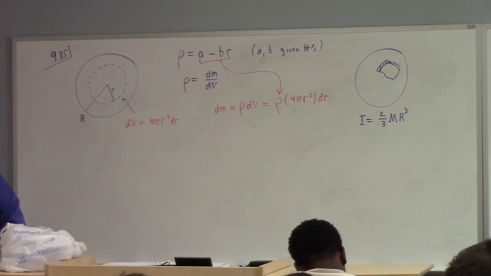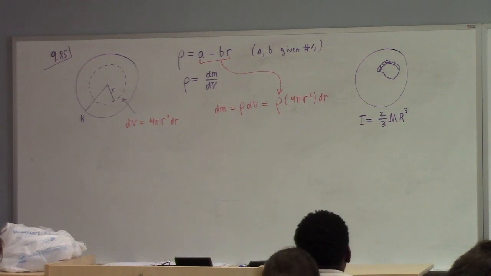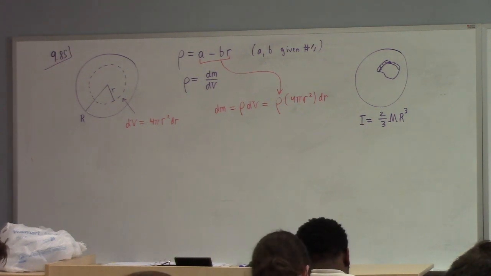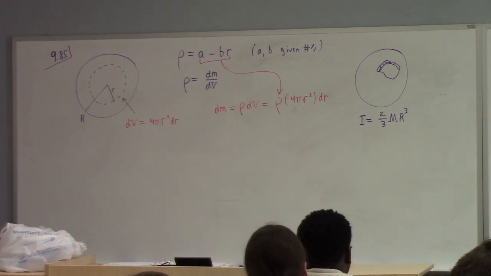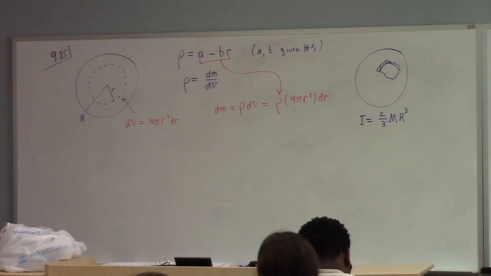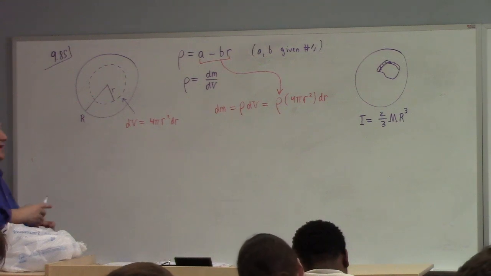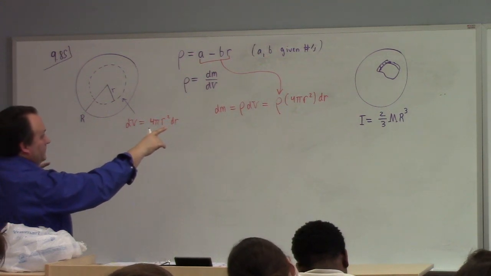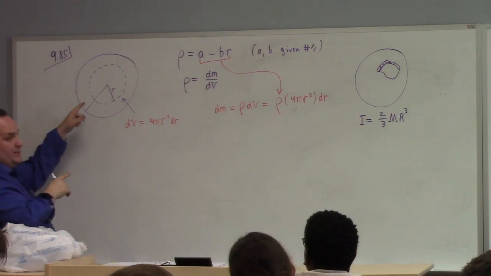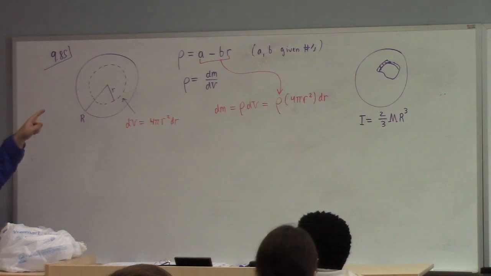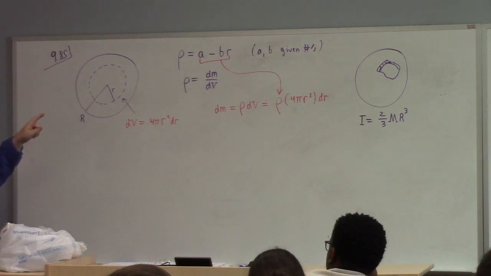As compared to what? For a solid sphere, it was what? 2/5, yeah. So 0.4 versus 0.67-ish. Because, of course, more of the mass is further away from the center of rotation, so it's got a larger moment of inertia. So the thought I had was I could use that example to calculate the moment of inertia of this by slicing it into spherical shells.